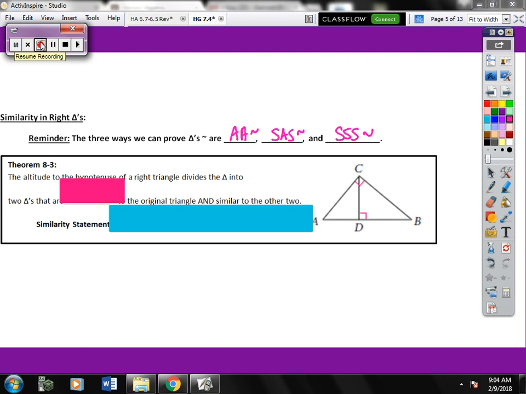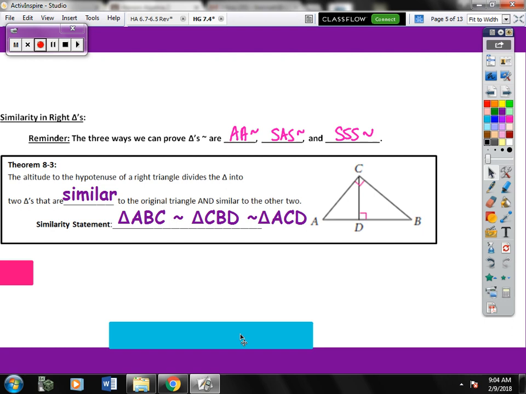All right, so theorem 8.3, again, the numbers do not matter, tells us that the altitude to the hypotenuse of a right triangle, which would be CD, divides the triangle into 2 triangles that are similar, which we just proved in the warm-up. They're similar to the original triangle, and they're similar to each other.